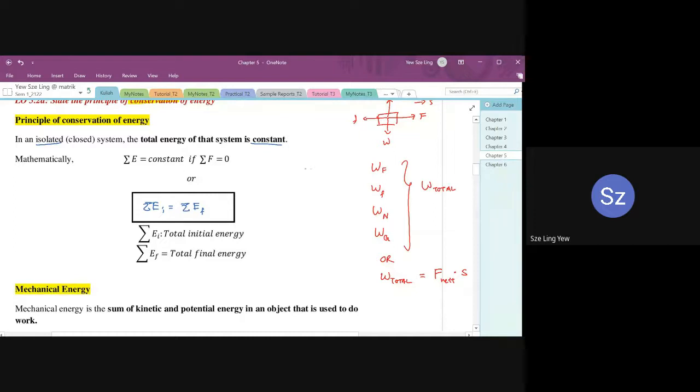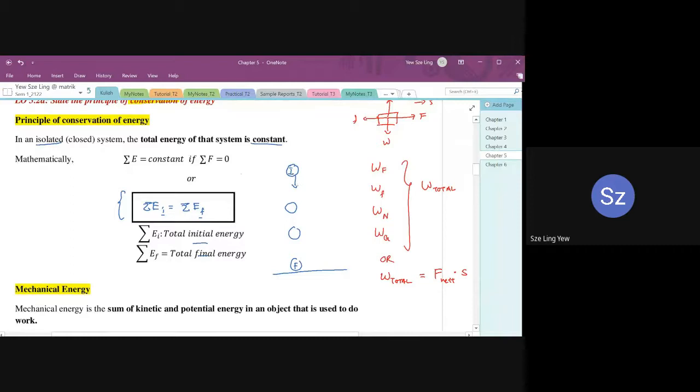Why? Because, for example, when you drop an object, it doesn't matter where the object is. It could be here, it could be here, or it could be at the ground, the moment it reaches the ground. At every position, all the energy is constant, not just referring to the initial and the final position. Students always have misconceptions with these equations, because the equations say initial and final, so students always think this is the initial position and this is the final position.